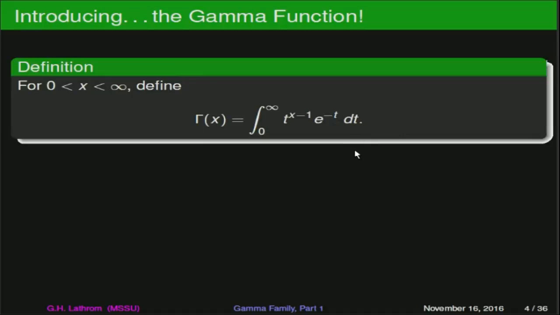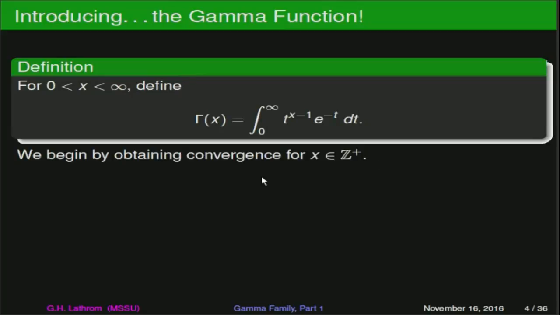Now, since that is an infinite integral, one thing we really need to be worried about is convergence. Does that thing actually give us finite answers? Let's start looking at the convergence of the gamma function for just the positive integers.